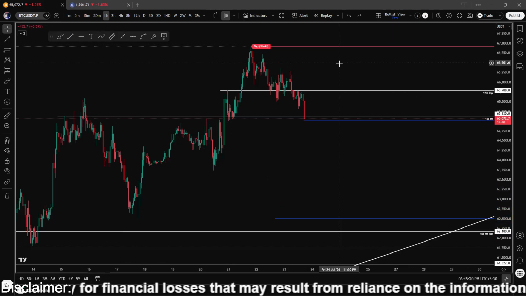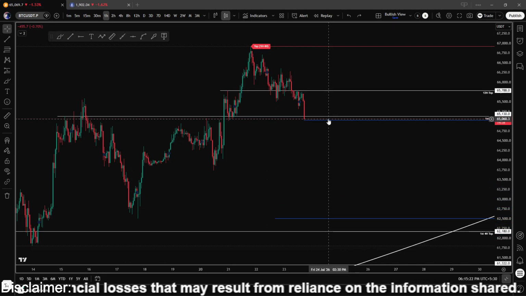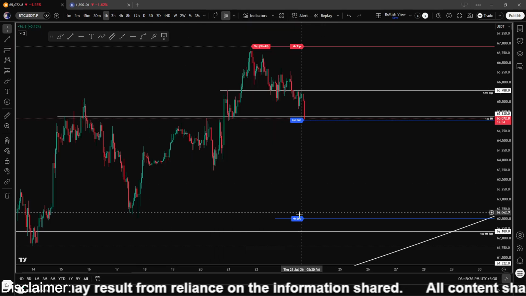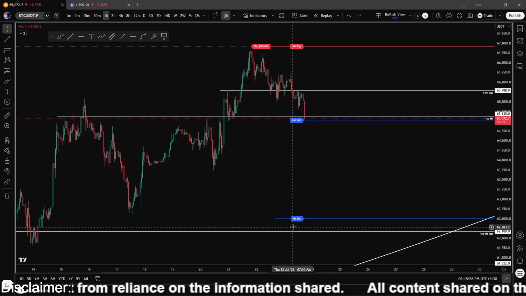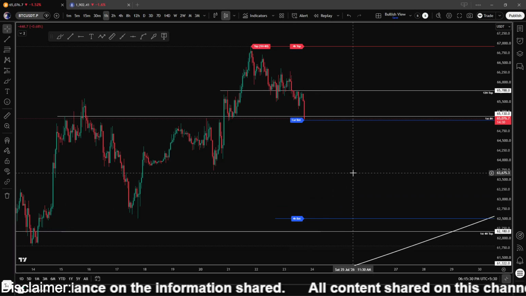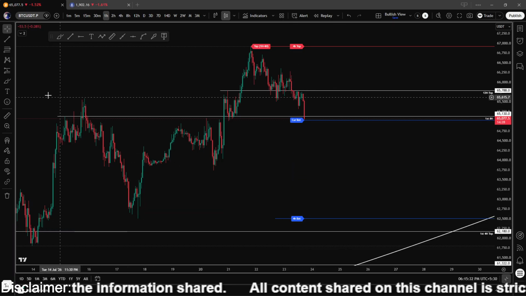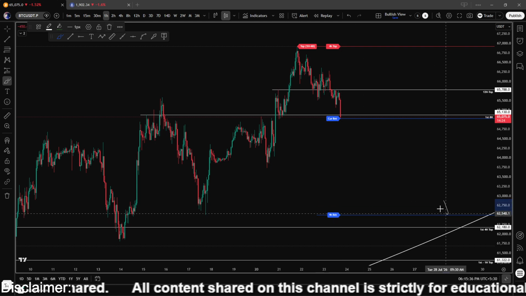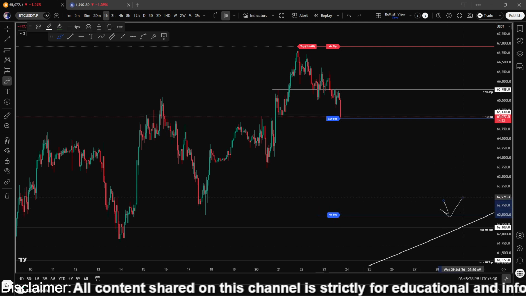Let me just draw a level here. This is the 4 hour bottom, and eventually I think the price of BTC will come back down to this level again to get enough support.